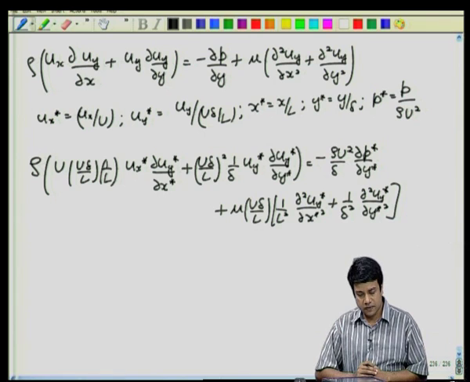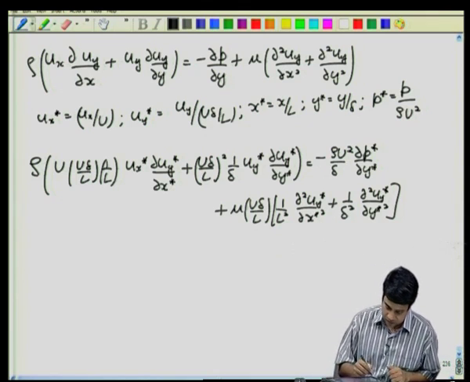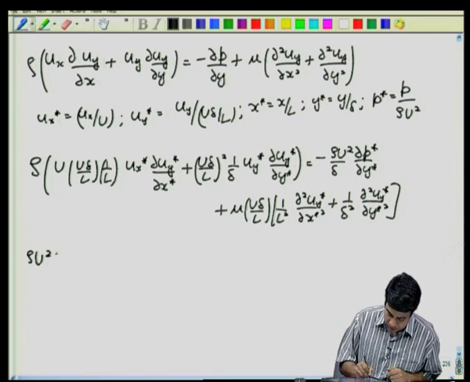As you can see, for the convective term, the total prefactor is u squared delta by L squared. After you multiply all the terms there, you get a common factor of u squared delta by L squared, so you get rho u squared delta by L squared.